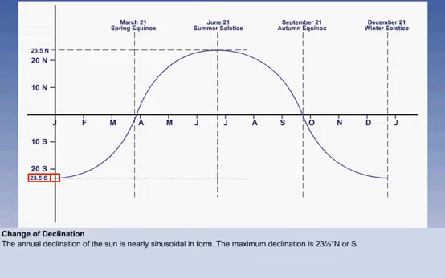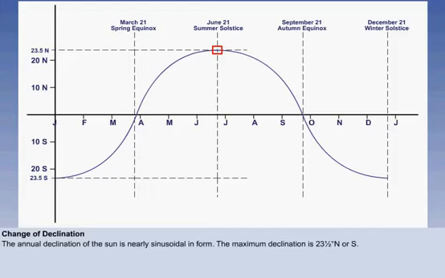The length of the hours of daylight at any particular latitude varies with the declination of the Sun. The rate of change of the length of daylight will therefore be greatest when the rate of change of declination is greatest. You can see that between about the 7th of March and the 7th of April, the declination changes by 20 degrees. A similar situation occurs around September the 21st.